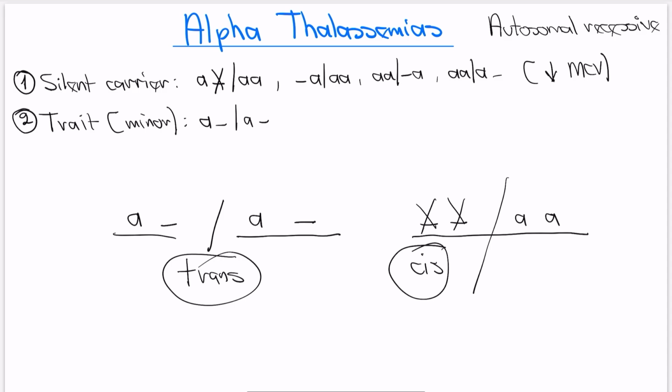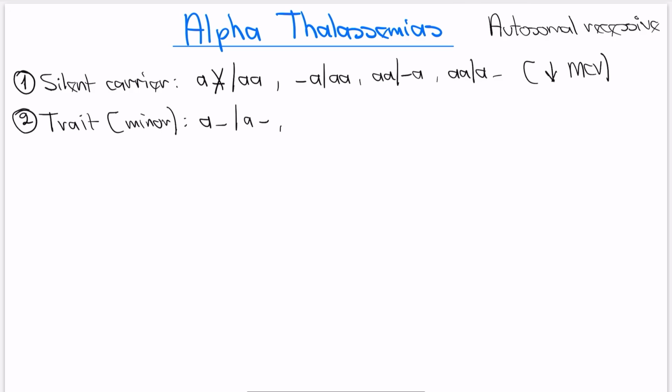And this is important mostly for different mutational combinations that we may see. Other possibilities that we can have here will be minus A, minus A. We may also see a cis combination like this, the other possibility of cis combination, and so on.